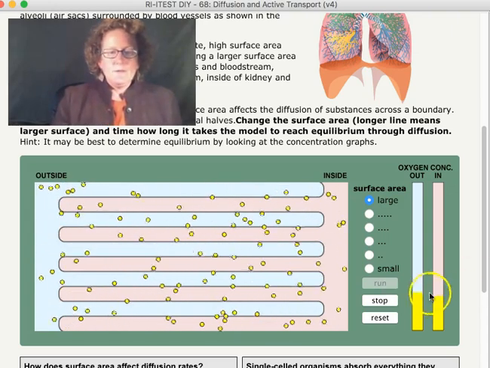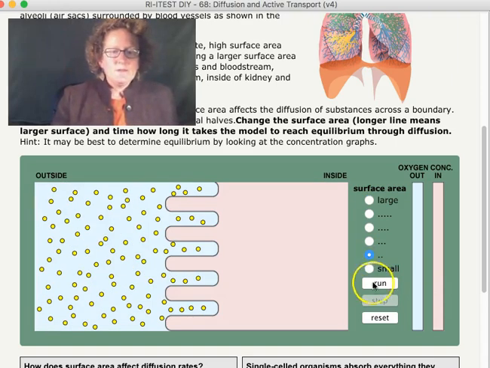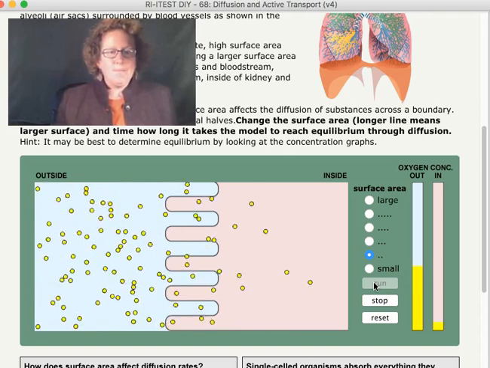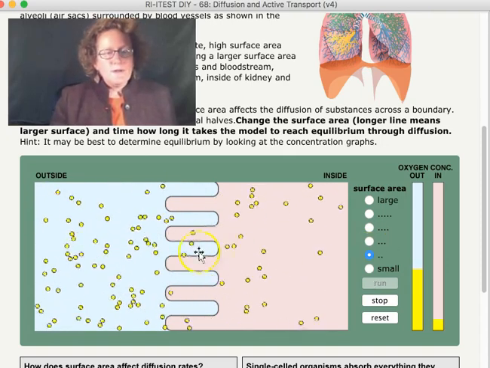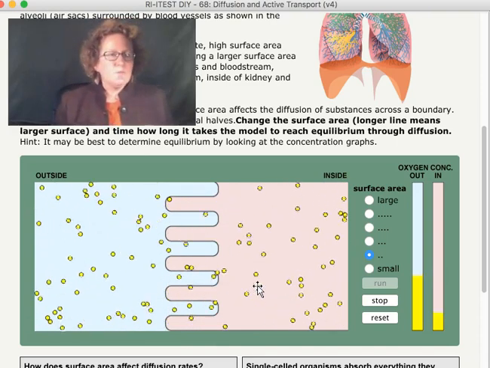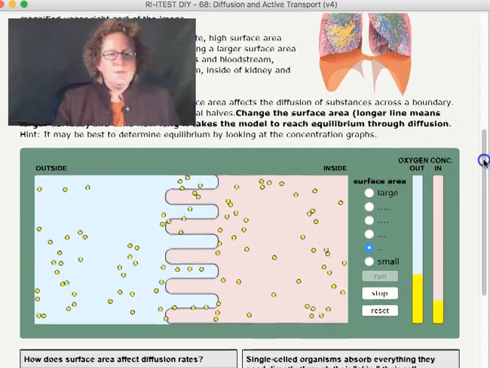You can see it comes to equilibrium very quickly. We go back down to a smaller surface area, it takes a longer time. So the more surface area you have, the more quickly things can diffuse. There's more places for things to get across, kind of like having more doors.